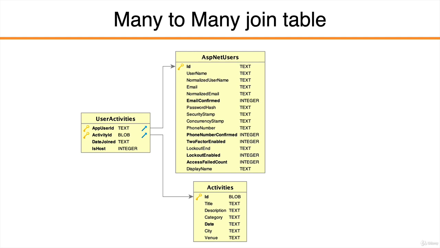For example, if we wanted to track the date the user joined an activity, or if the user is the host of the activity, we've got no easy way to do that inside either table, but it is easy to track in our join table. So that's the approach we'll take in our many-to-many relationship.